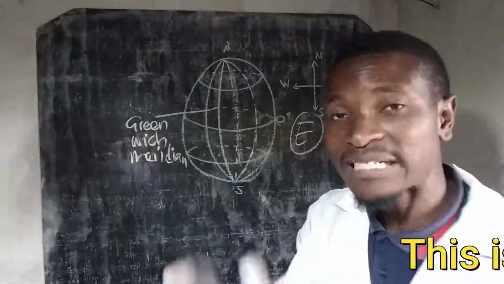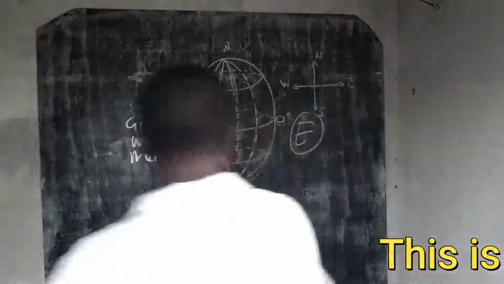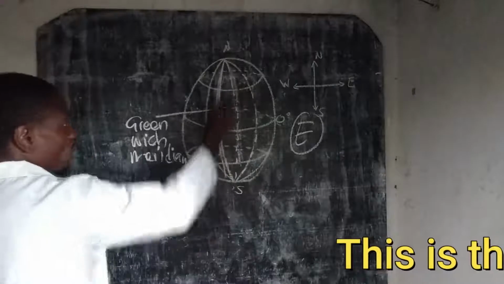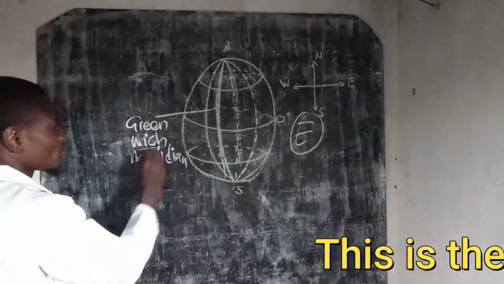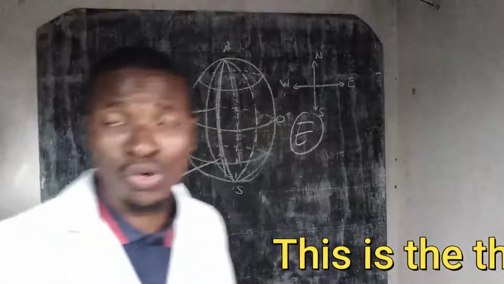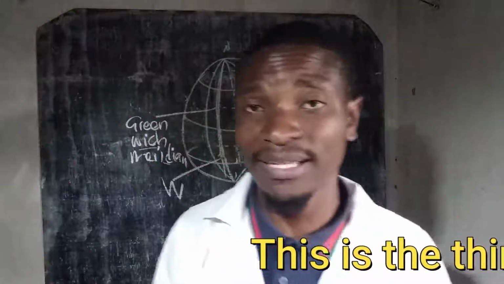So that side is east. Then if any line is before this Greenwich Meridian, then that is west. Okay, so those are the concepts that I want you to understand.